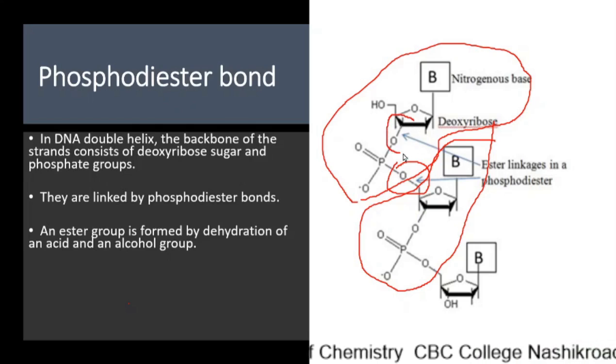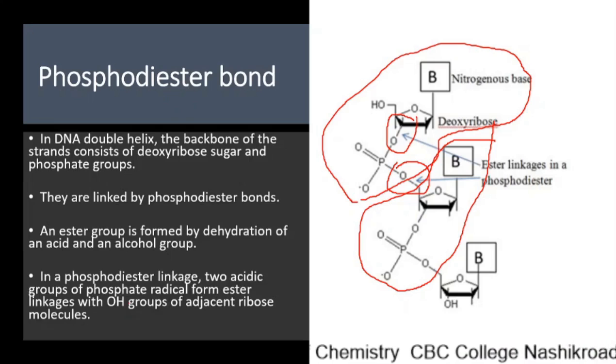Here also this is the linkage, because this is a acid group and this is OH group, and all of you know when there is a combination of acid and alcohol, there is a formation of ester. Here in DNA, as two ester bonds are formed, and the acid is phosphoric acid, so it is called as phosphodiester bond.